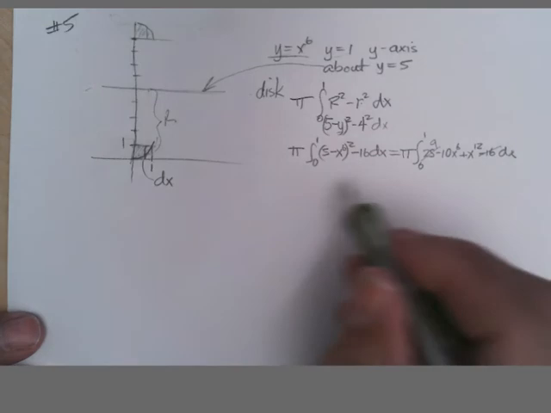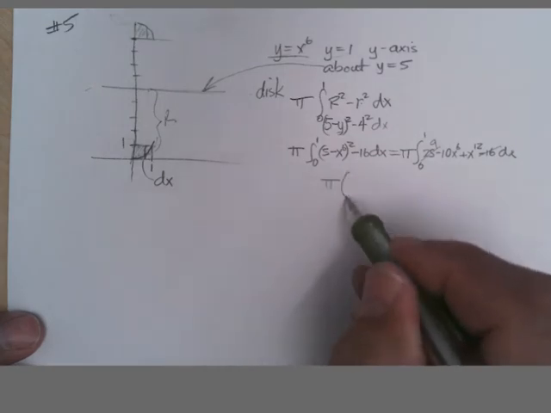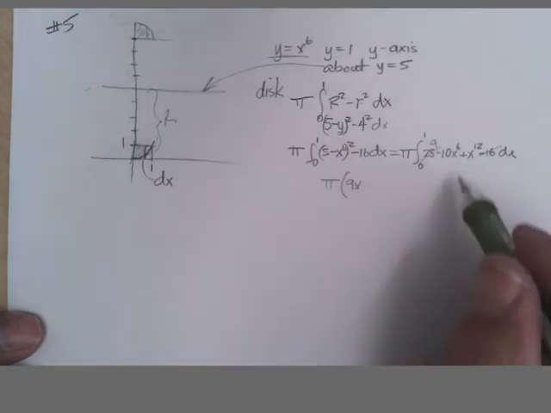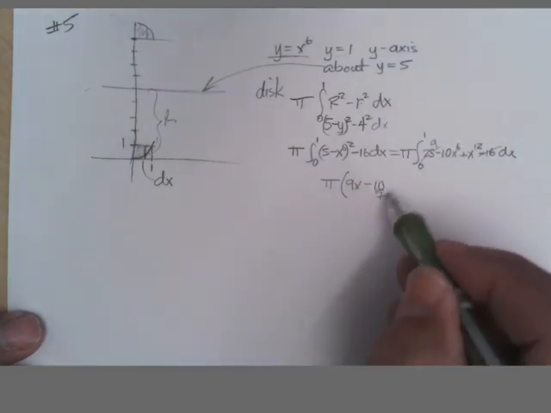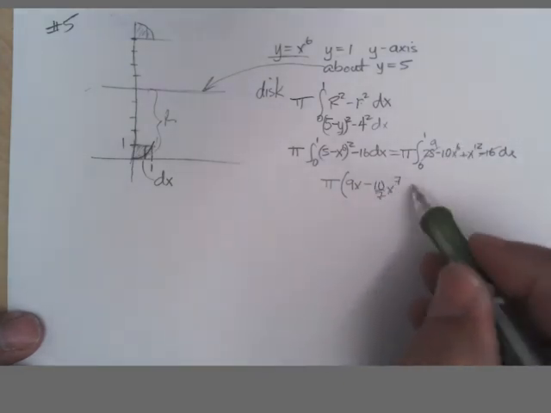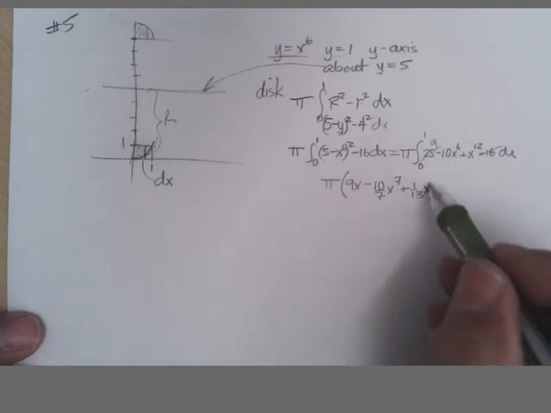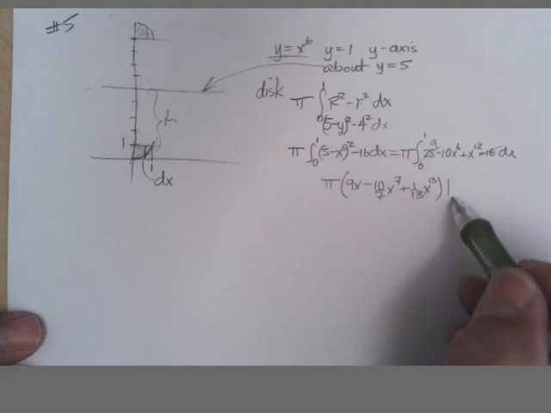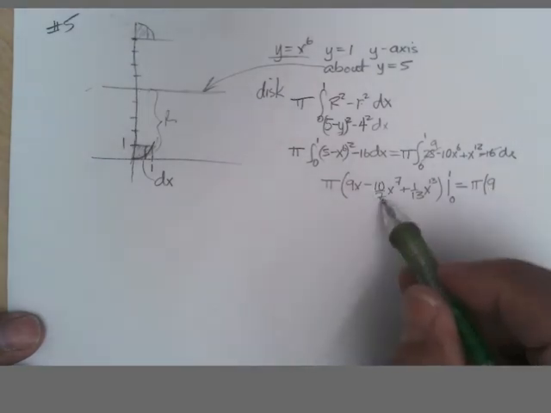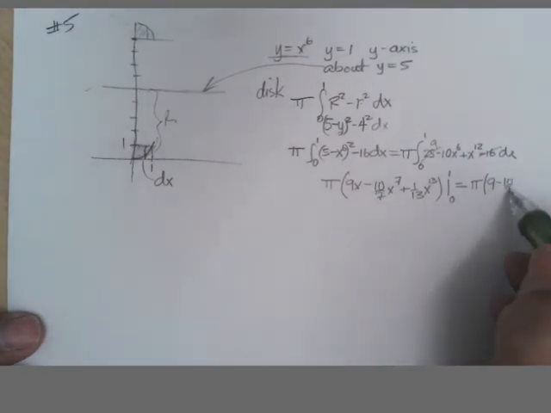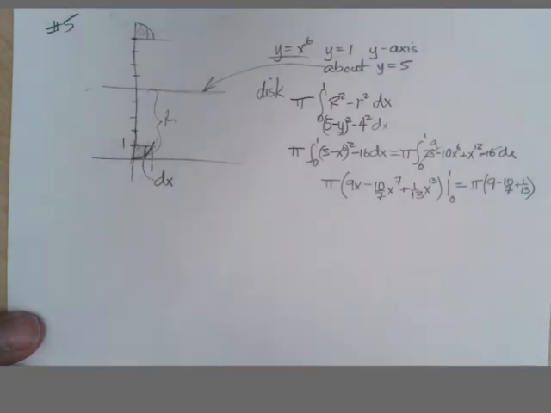So now I can do the antiderivative, and it would be pi times 9x minus, goes to 7, so it would be 10 sevenths x to the 7th plus 1/13 x to the 13th, evaluated from 0 to 1, and I'm going to get pi times 9 minus 10 sevenths plus 1/13 minus 0, so that's it.